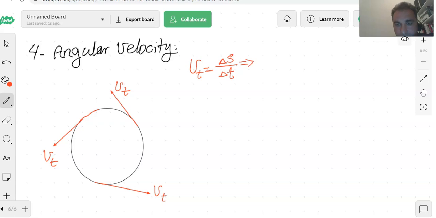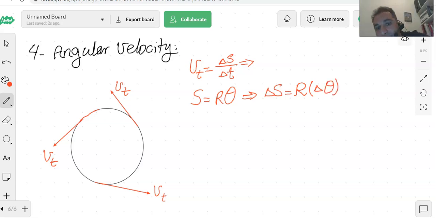Now, we know that S is equal to R theta, or I showed it by big R. Let me write this one big R. Therefore, delta S becomes R times delta theta.